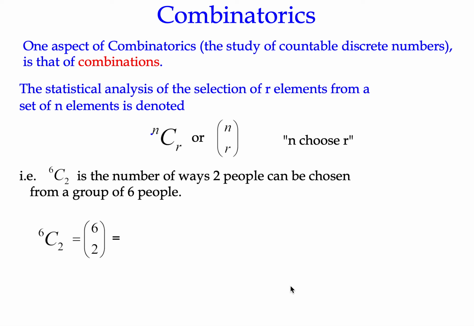Well, we're getting a chance to use at least one of these in this course. So combinatorics is when we look at combinations and countable numbers. There's a whole lot that we can get into, but all I'm going to say to you just now is the idea of combinations is the number of ways you can choose a smaller number from a larger number.